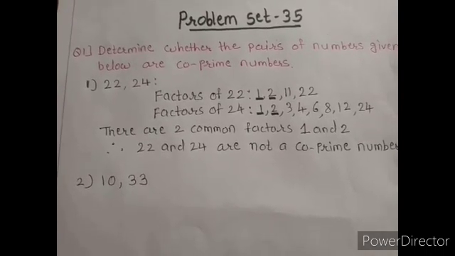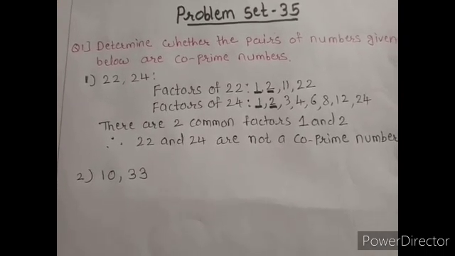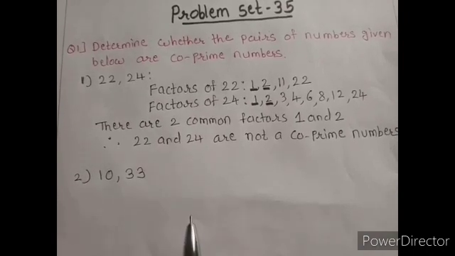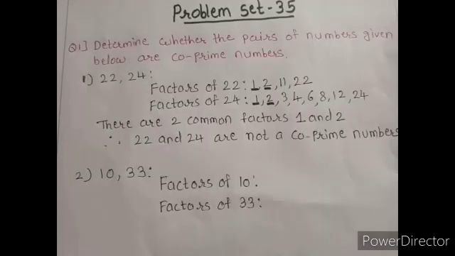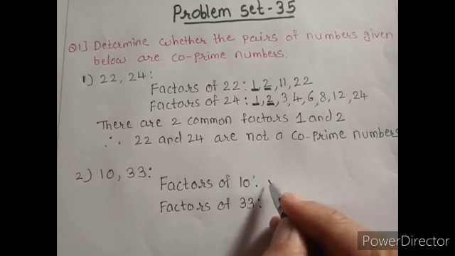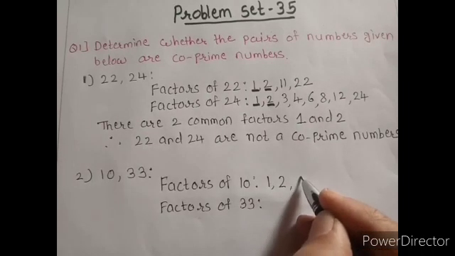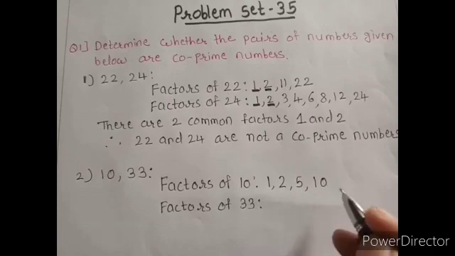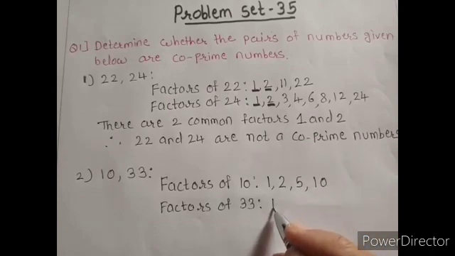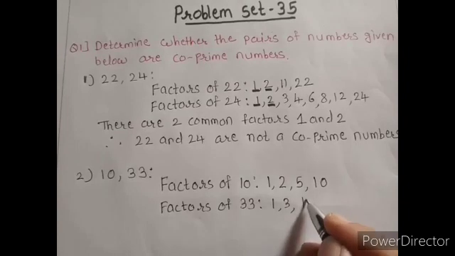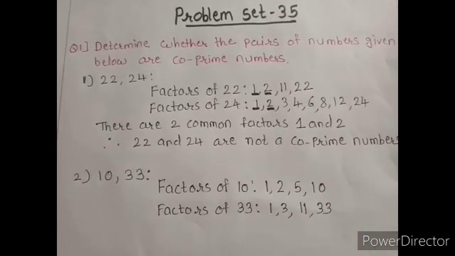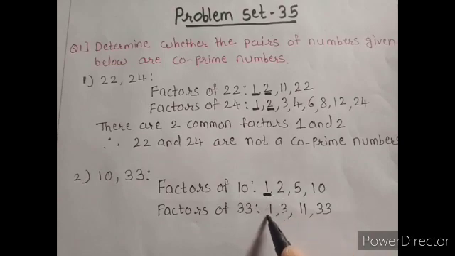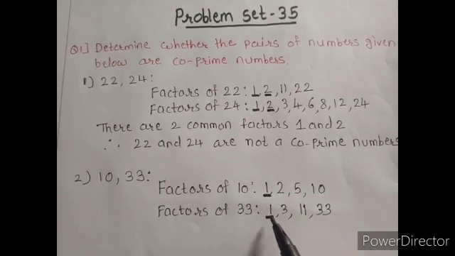The numbers are 10 and 33. So first find out factors of both numbers. Factors of 10 are 1, 2, 5 and 10. Then factors of 33 are 1, 3, 11 and 33. Now find out common factors in both. We will come to know that here only 1 is a common factor.